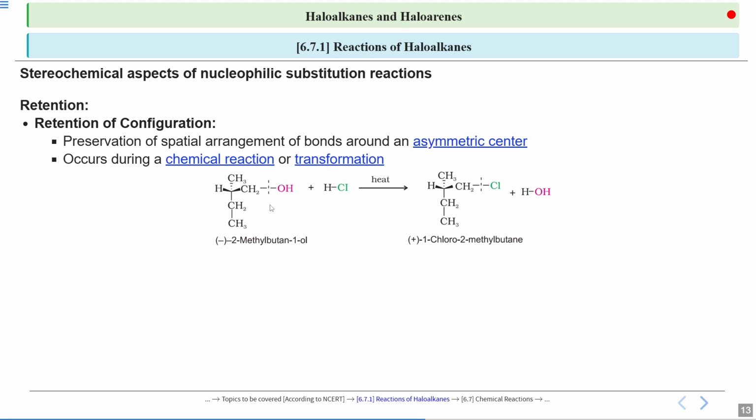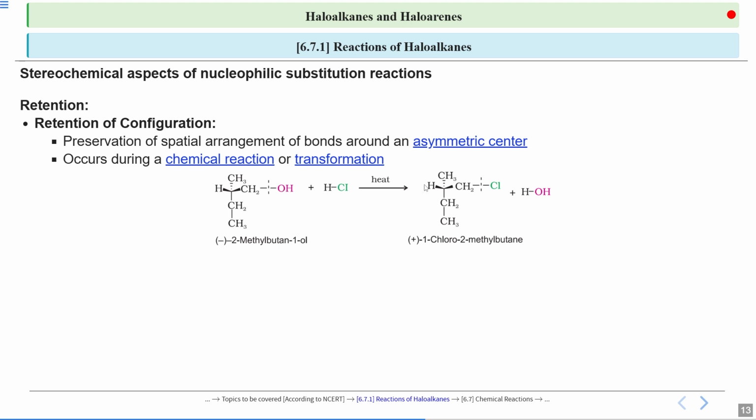This has an asymmetric center, which is the second carbon, at which the methyl group is present. The reaction happens between this alcohol and hydrogen chloride. What will happen? The halogen is going to replace the hydroxyl group present in this alcohol and give you an alkyl halide.